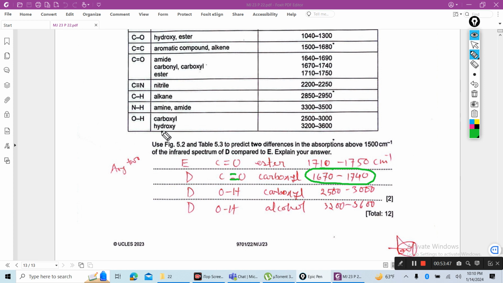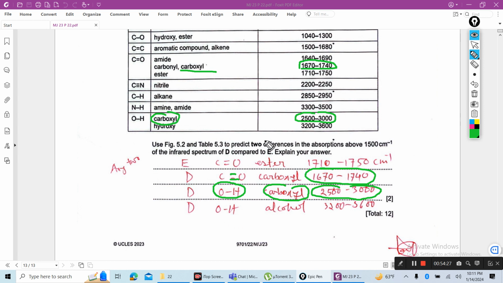Carboxyl CO, this range. Then D's alcohol OH and the carboxylic acid OH group will give this value, 2500 to 3000.